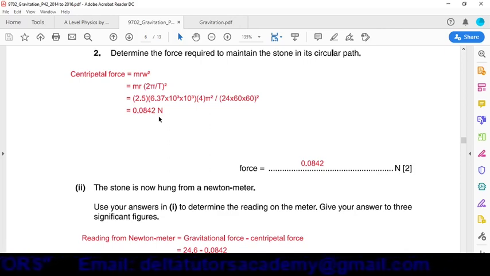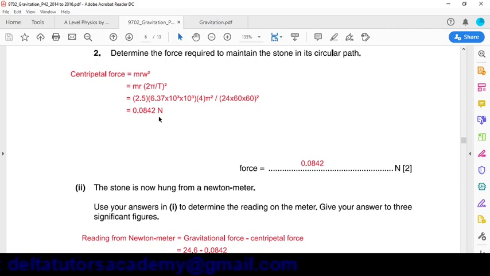So our answer is 0.0842 Newton. Okay, next part. The stone is now hung from a Newton meter. Use your answer in 1 to determine the reading on the meter. Give your answer to 3 significant figures. The stone is hung from the Newton meter, which means we have to calculate the resultant force.